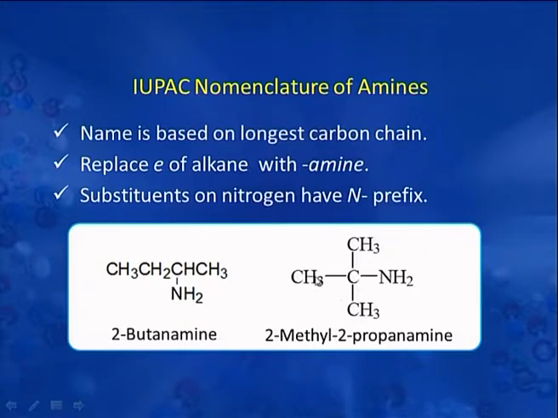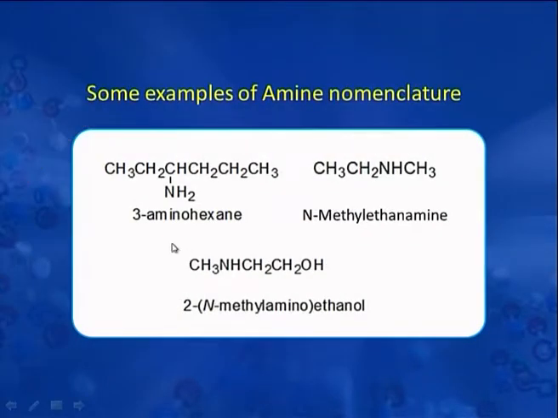So, what we will say is that this is propanamine, but which carbon of propane is substituted by the amino group and which carbon is substituted by the methyl group? If you look carefully, you will see that position 2 of propane is substituted by an amino group as well as by a methyl group, and that is why the name of the molecule becomes 2-methyl-2-propanamine.